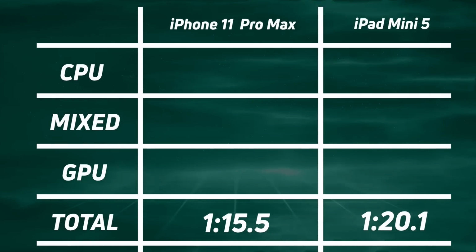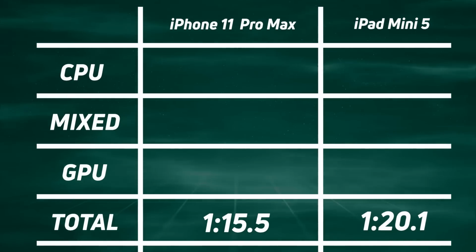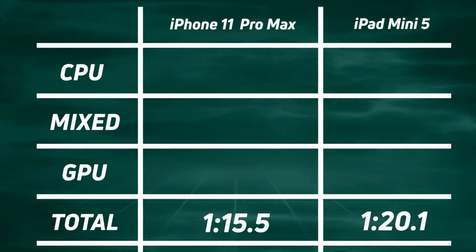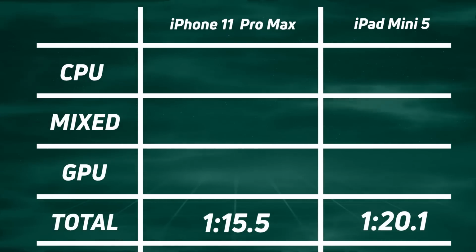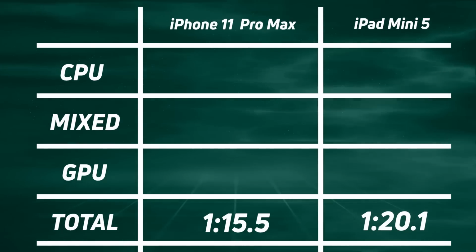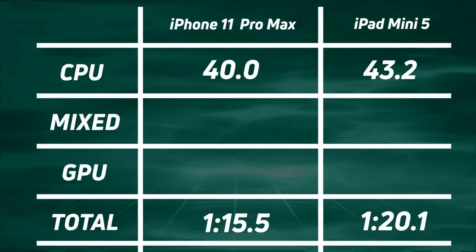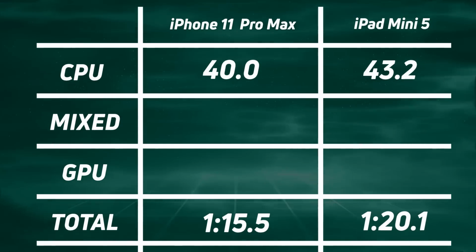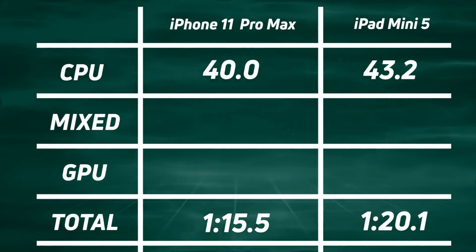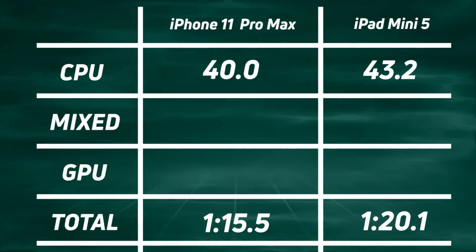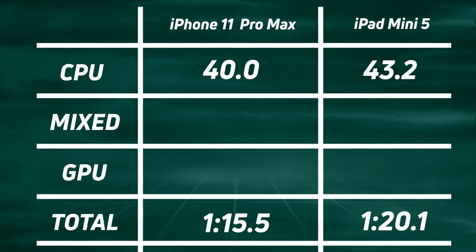So overall, the iPhone 11 finished with 1 minute 15.5 seconds, whereas the iPad mini 5 came in at 1 minute 20.5, almost a 5-second difference there. And then when we look at the CPU times, we can see 40 seconds on the nose for the iPhone 11 and 43.2 for the iPad mini 5. So clearly the CPU working much better there on the iPhone 11.